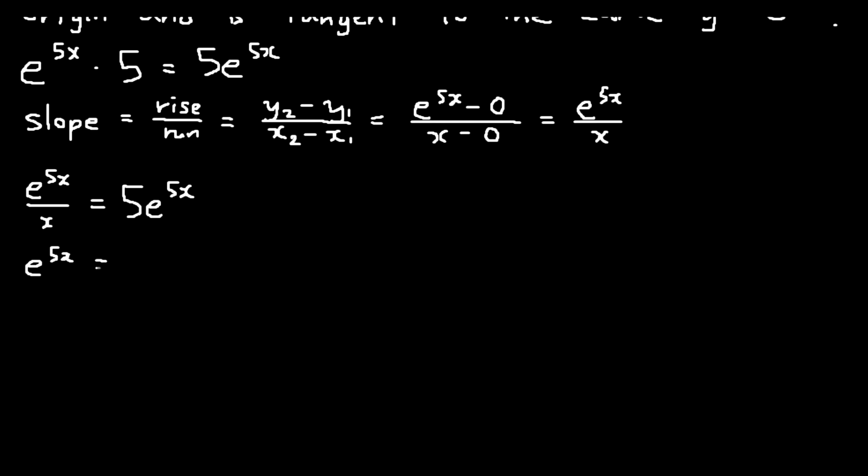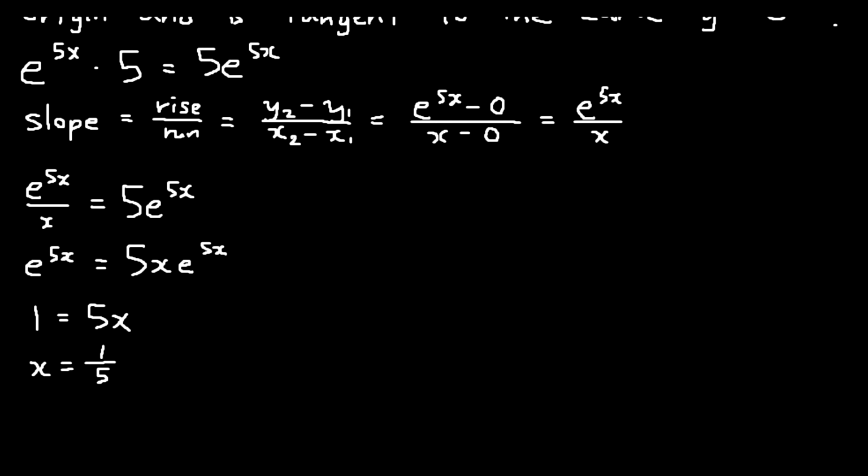So let's multiply both sides by x. And we can cancel the e to the 5x's. That'll just leave us with 1 equals 5x, and x equals 1 over 5. Okay, so we found the x value.